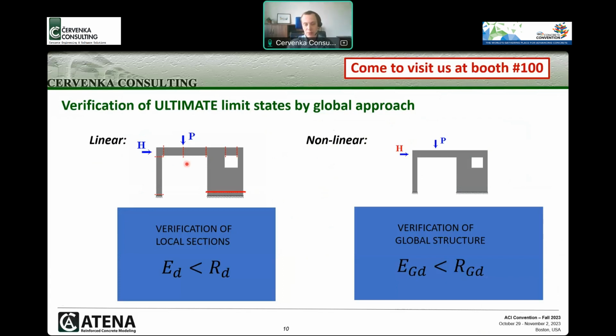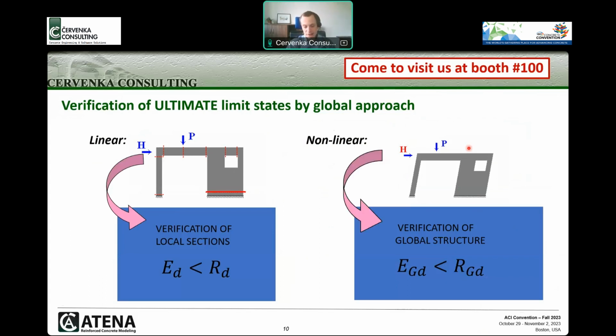In the nonlinear approach, I simulate the whole structure, and basically I'm checking all the cross sections at once by this global approach. I will be checking the global response of the structure, and if I can reach a load level higher than the design load level, and the structure can still withstand these loads, then I can say that the design is safe.